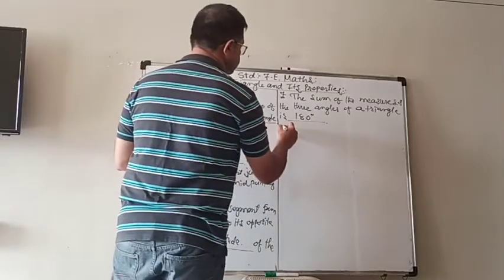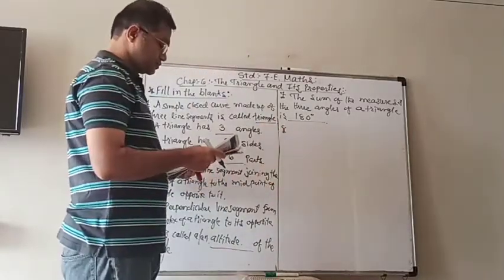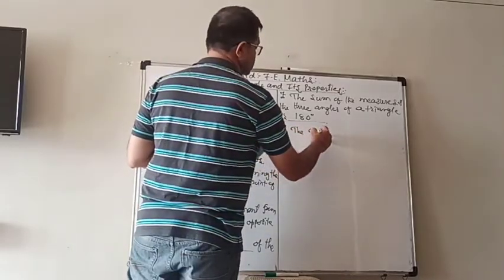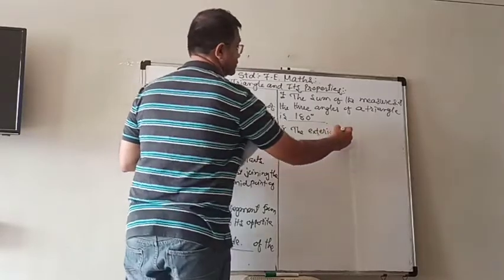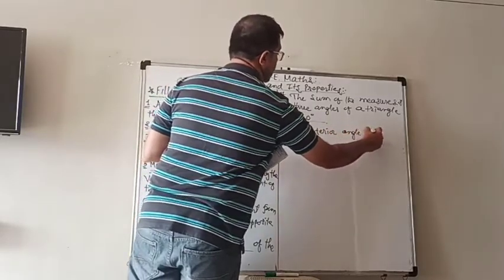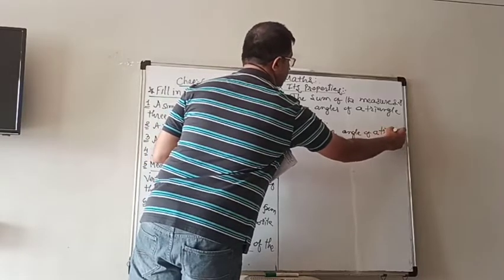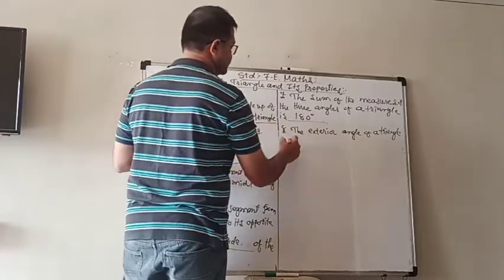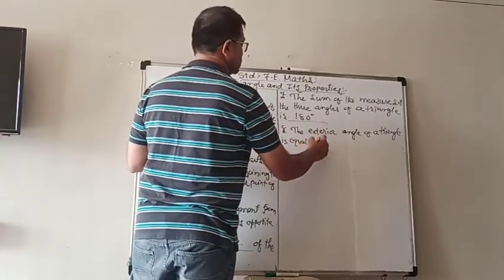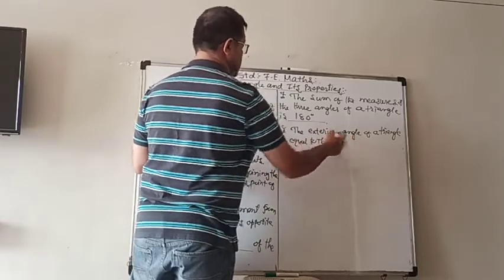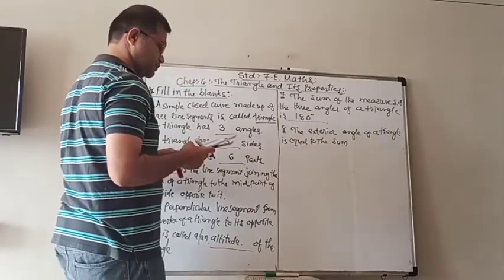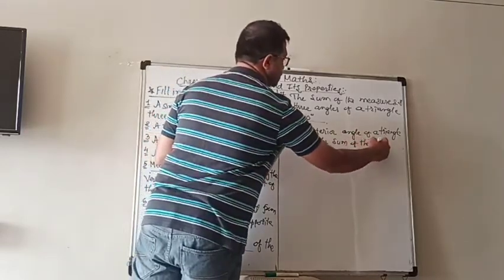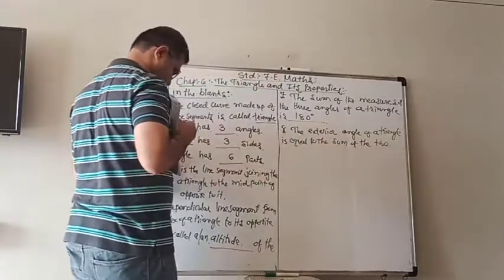Eighth one. The exterior angle of a triangle is equal to the sum of the two blanks.